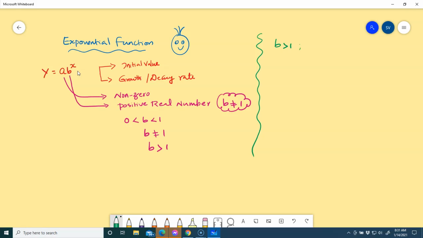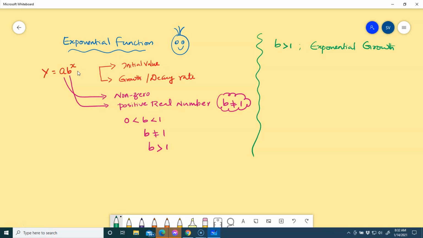That means this will be an exponential growth function. So if you see a function having the value b greater than 1, we can say that is an exponential growth function.